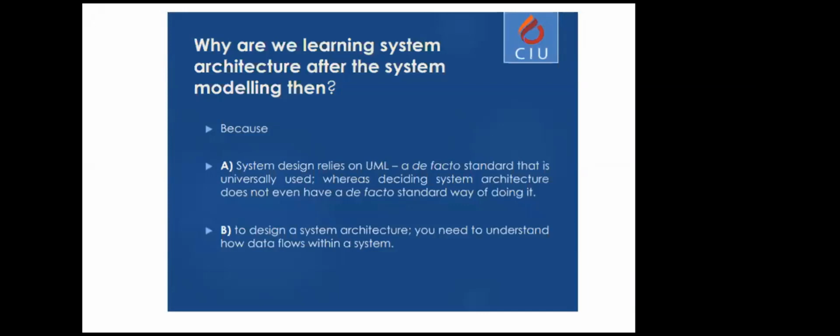And if you do not know a data flow diagram, or now the activity diagram that replaces it, you might not understand a lot of things about system architecture, because essentially the whole point of system architecture is to show an abstract representation of how data flows throughout the system. In other words, what you decide in the data flow diagram or the activity diagram, as we call it right now, is the basis for system architecture.